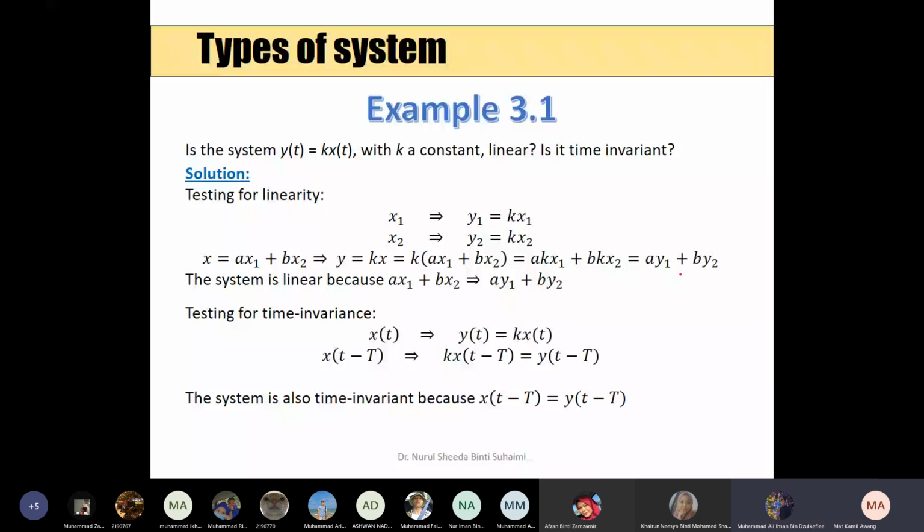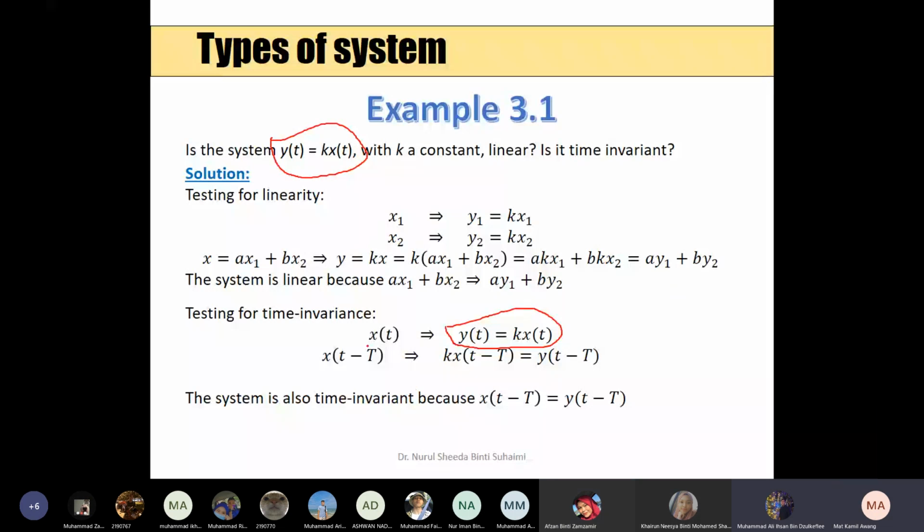Time invariant. If you want to test the time invariant property, basically you introduce the delay in the equation. So x of t will produce y of t equal to k x of t. Basically you take the original formula.